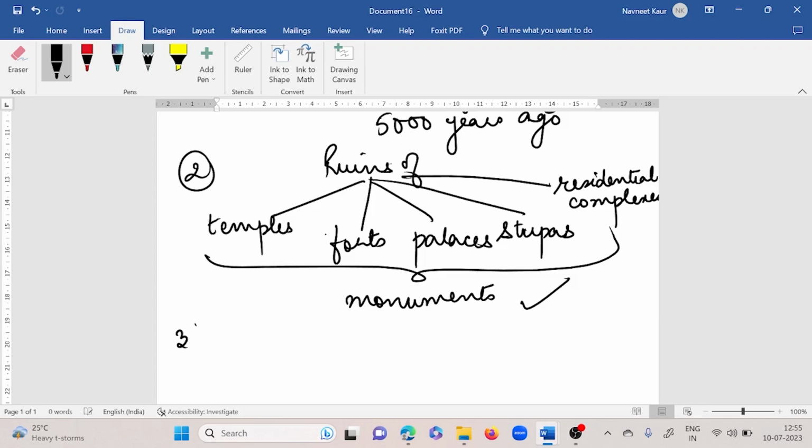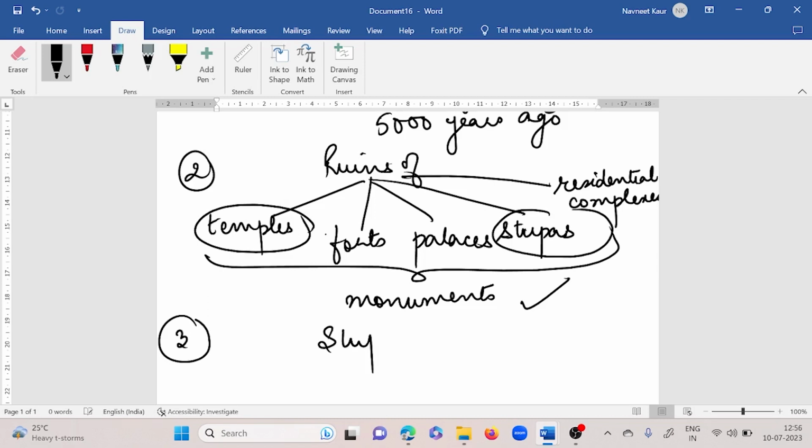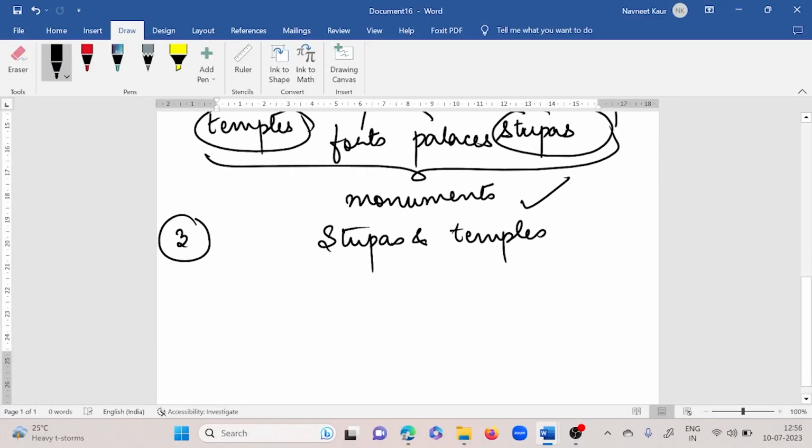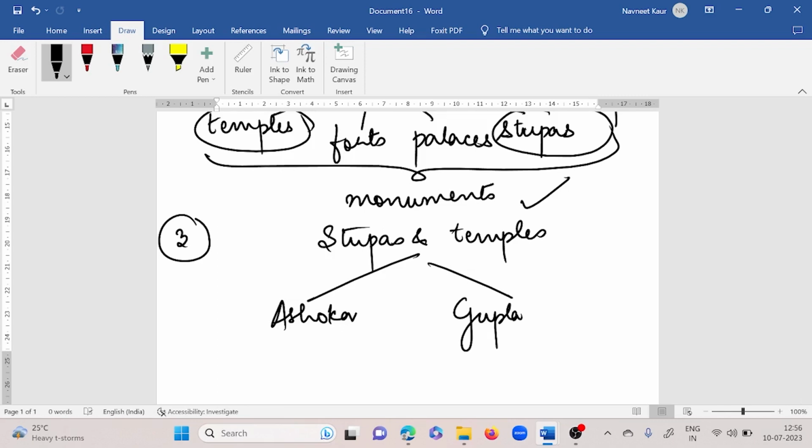Right? The third thing is that these stupas and temples were built by Ashoka and the Gupta dynasty. Right?